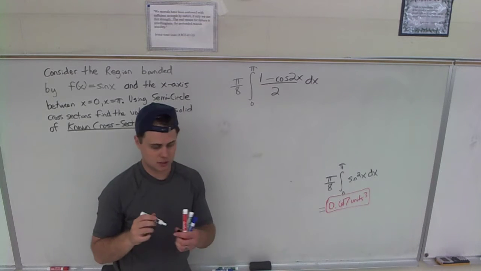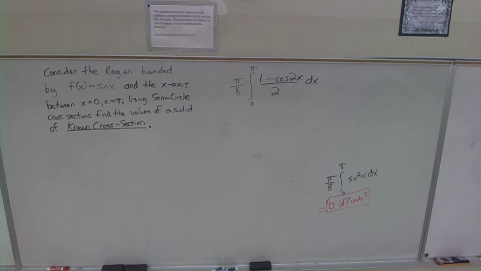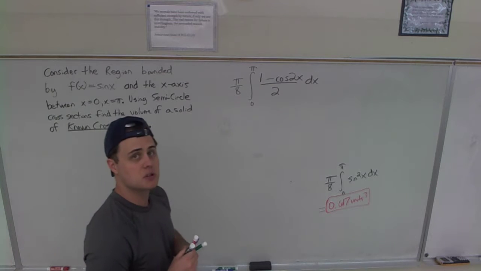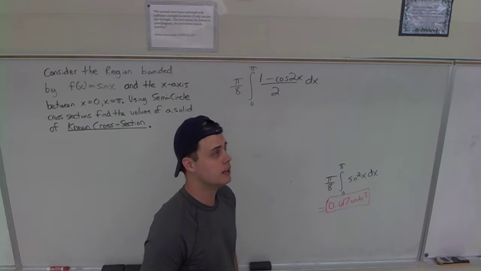I'm going to check that real quick because I haven't used it for a year or so. And I was correct. It's actually in the front of your book, one of the identities there.